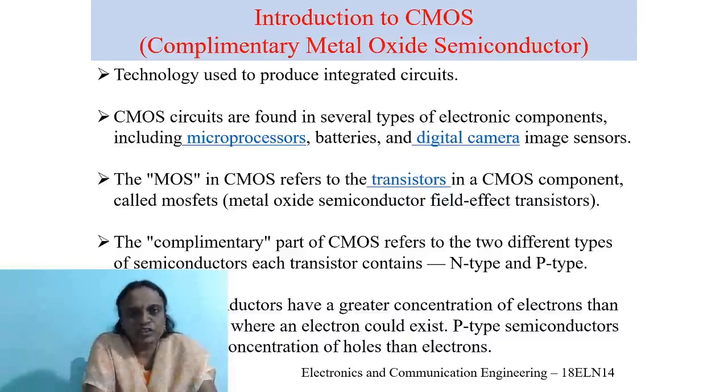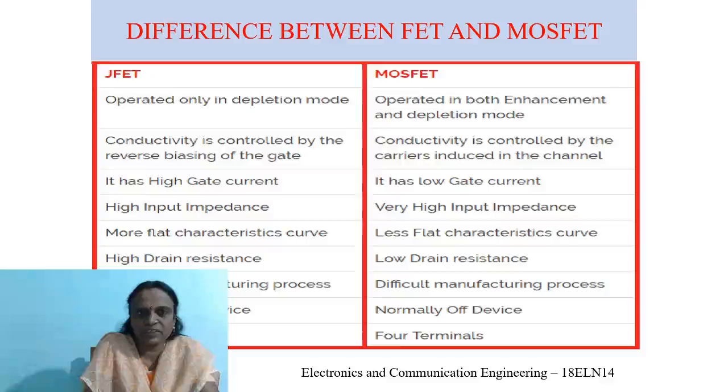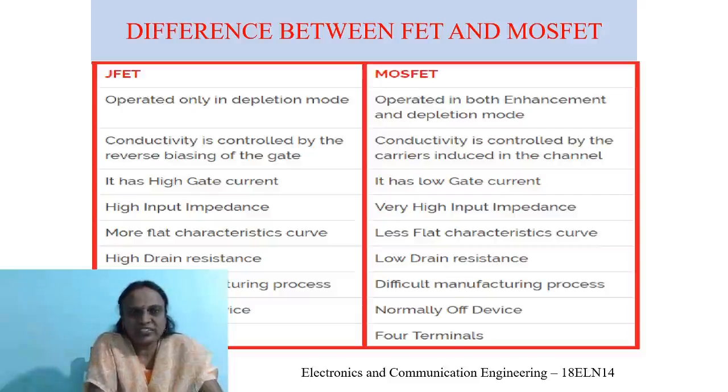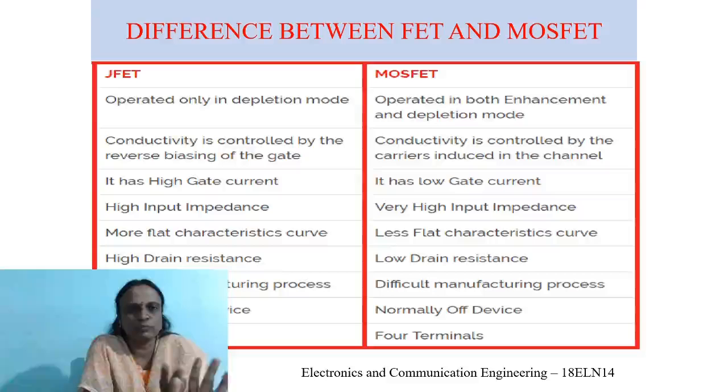Some of you may ask why the input impedance is very high in a JFET. The basic JFET is like a diode, having a diode-like input.